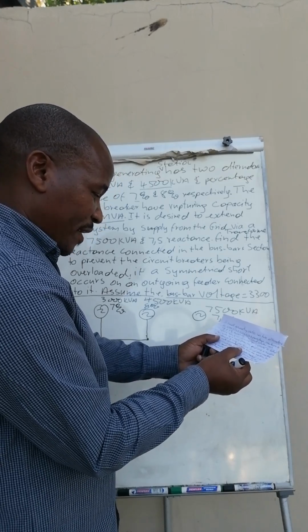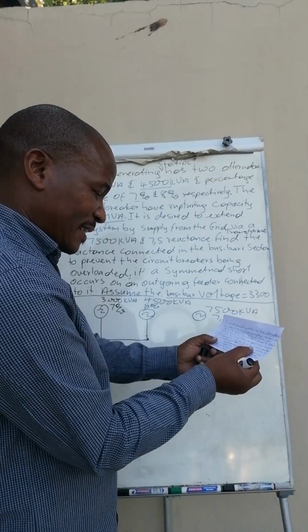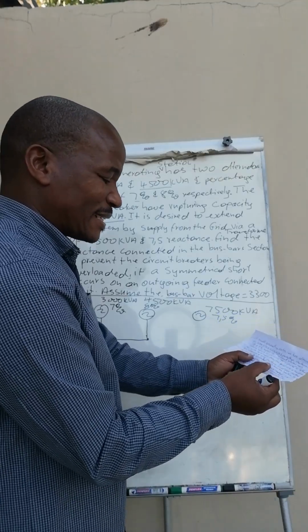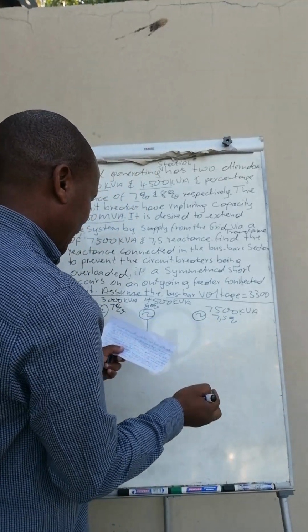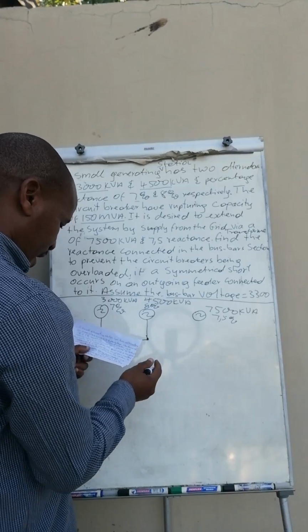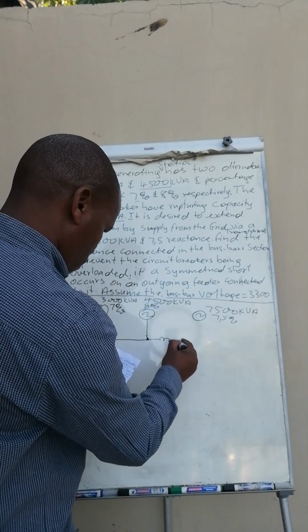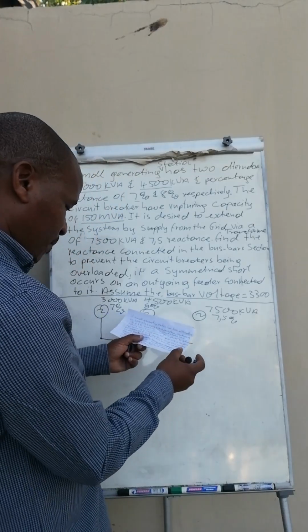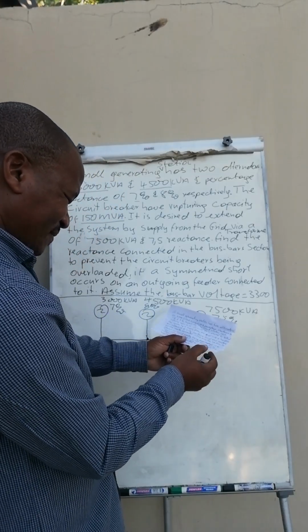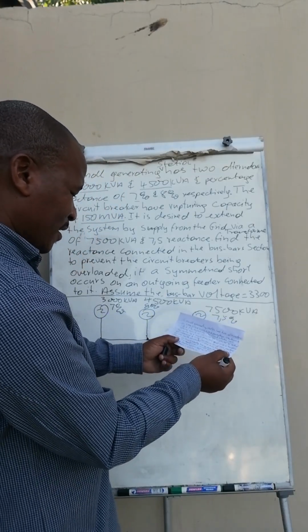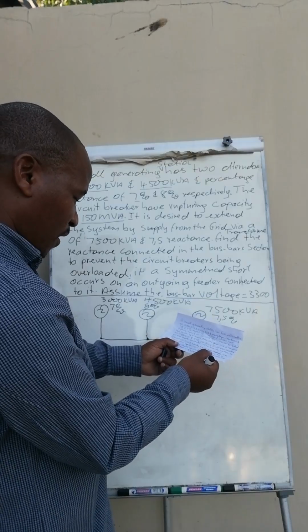It is connected through a reactance. Find the reactance of the reactor connected in the bus bar section to prevent the circuit breakers being overloaded.